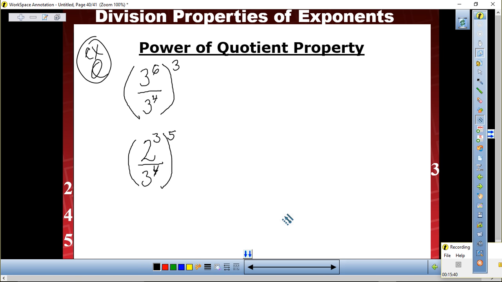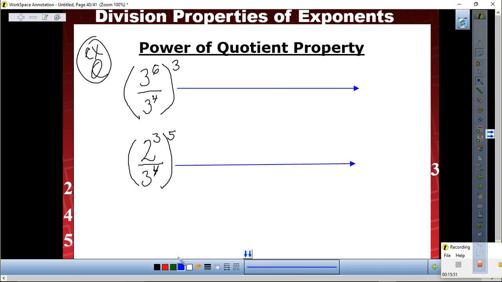All right. So here goes the rule. Writing utensils down. Look up, please. Ready? All right. The power of quotient property goes as follows. Let's see if it works with this one.